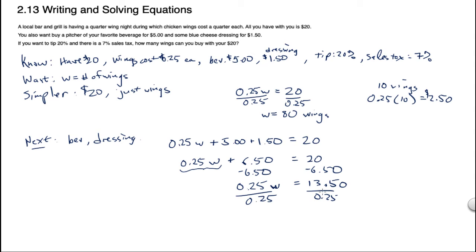I may need a calculator for this one. I could almost do this in my head, I think, but let's just do it. 13.5, it's not too bad. 13 times 4 is 40 plus 12 is 52 plus another 2, so it should be 54, but let's make sure. 54, yep. Okay, so we're good to go. The number of wings is 54.